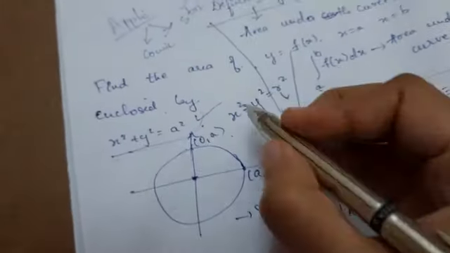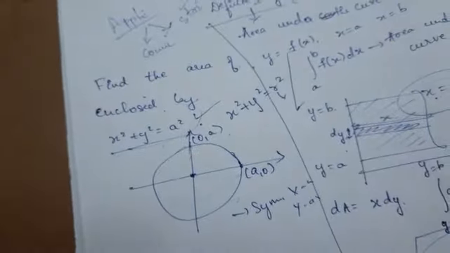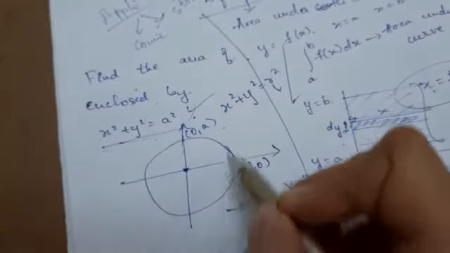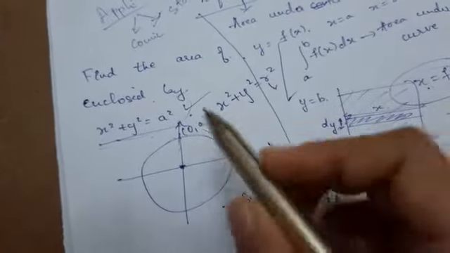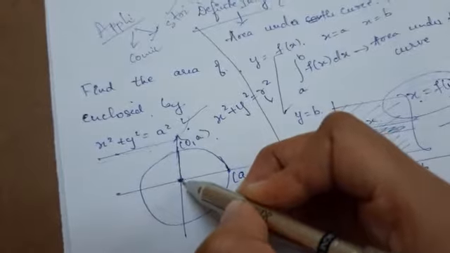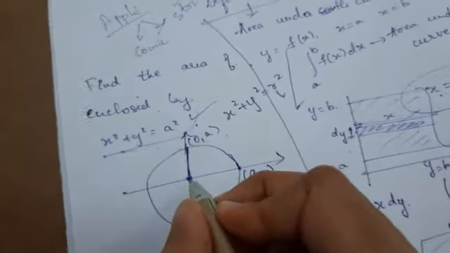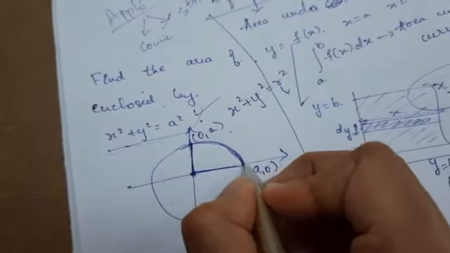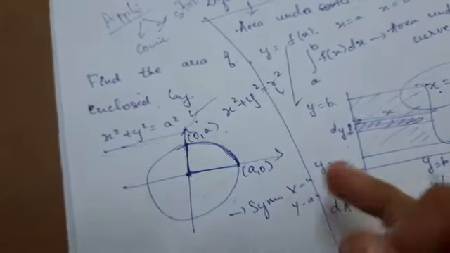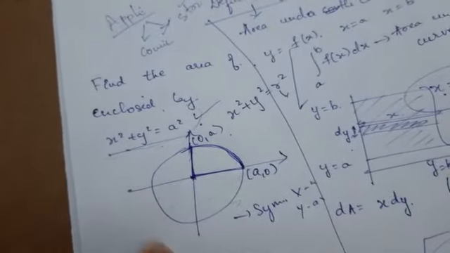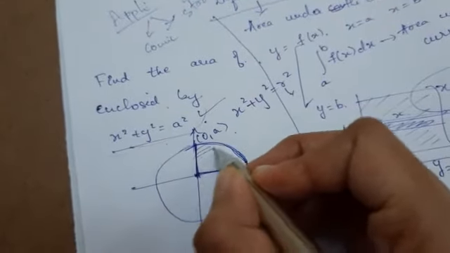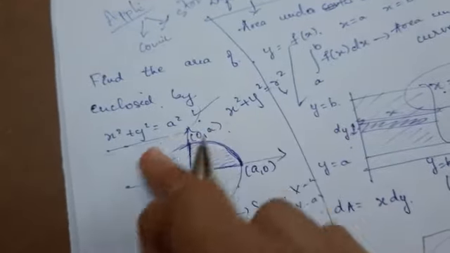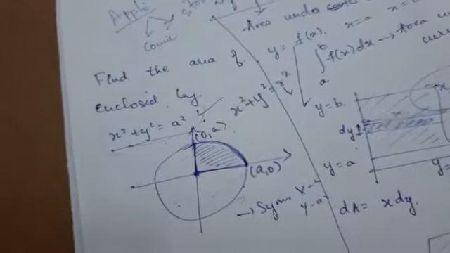We are using the application of integrals, not the formulas which we already know, to find the area of this circle. Suppose I consider only this part. Since it is symmetric about the x-axis, the y-axis and the origin, if I find this area and multiply it by 4, we will get the area of the whole circle. That is the symmetry idea.